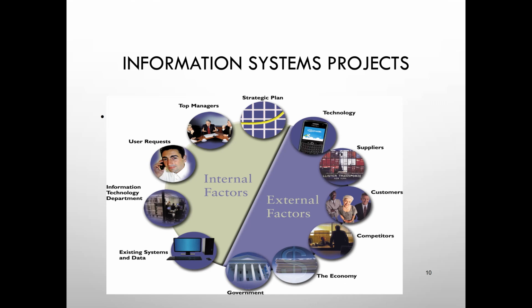So if the strategic plan of the main company who bought Mama's Hotel said that every single hotel that we bought must use our information system, then that is a must. You have to use the information system according to what the strategic plan of the headquarters says.